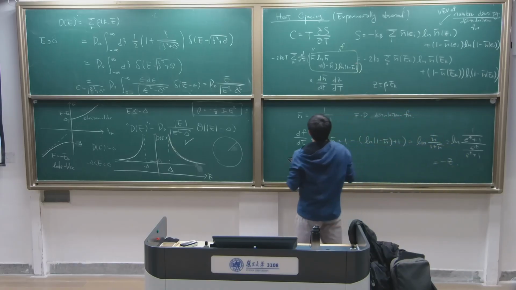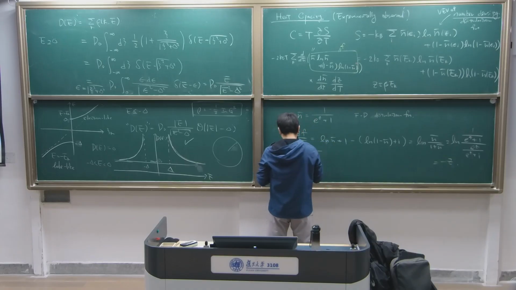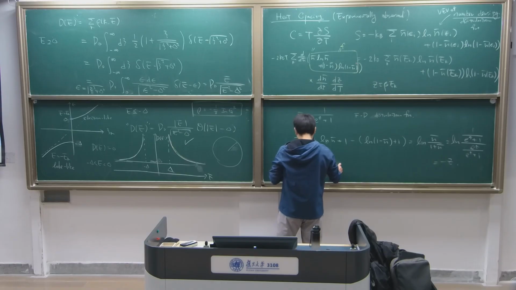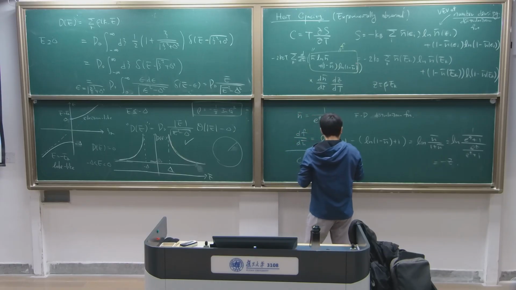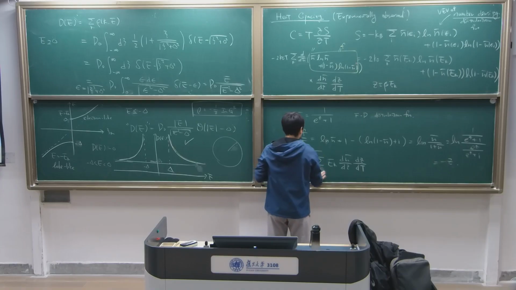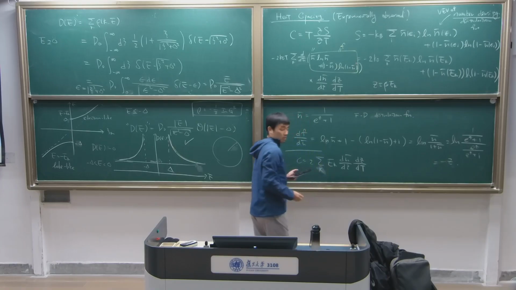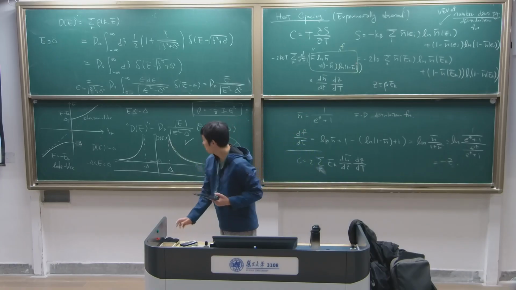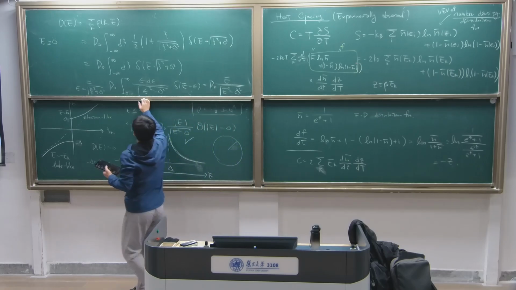So now C is equal to 2 times the sum over k of dn bar over dT.